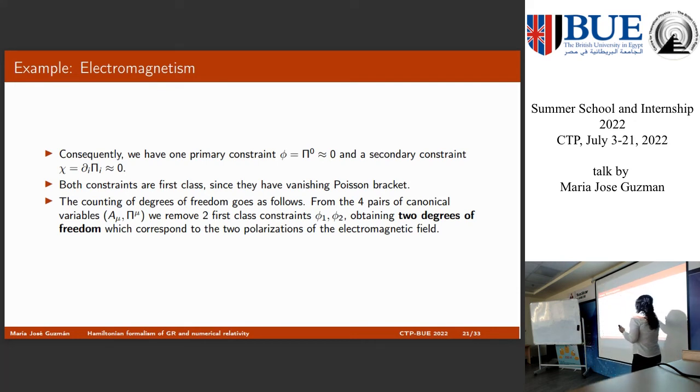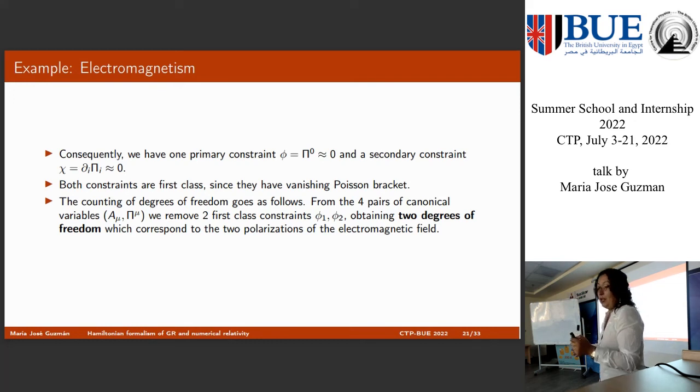Then I count the number of degrees of freedom: I have four pairs of canonical variables, one pair for each coordinate, mu equals 0, 1, 2 and 3. That means 8 variables. I remove two first class constraints for each pair and I obtain 2 degrees of freedom, which correspond to the two polarizations of the electromagnetic field.